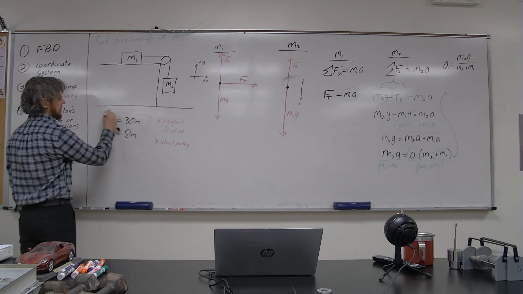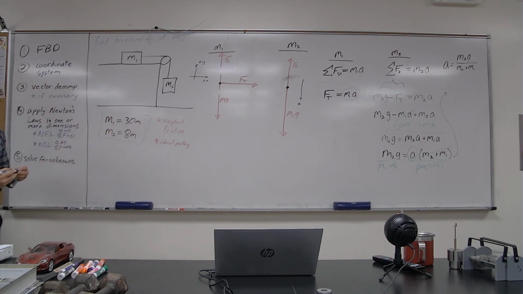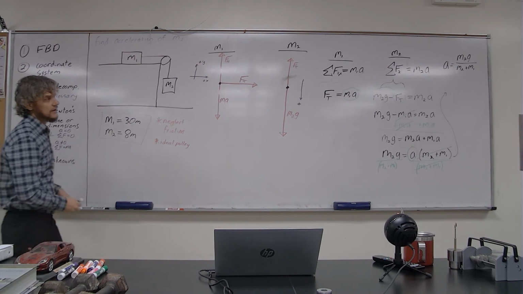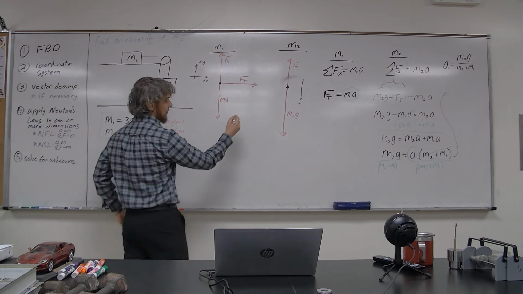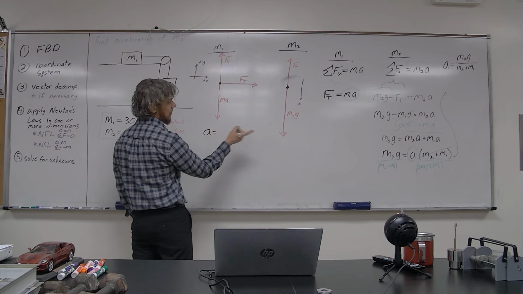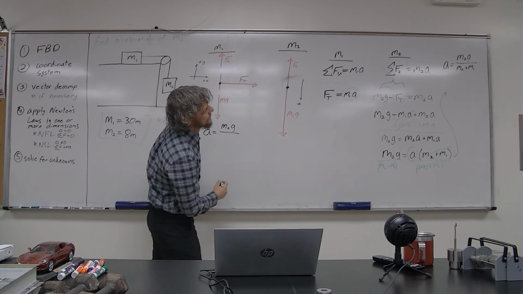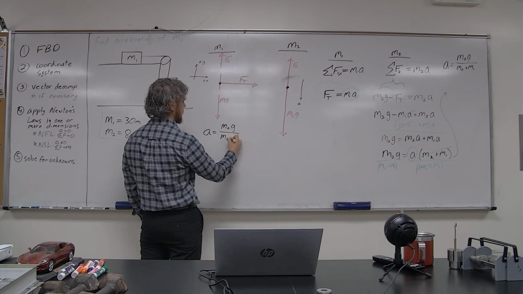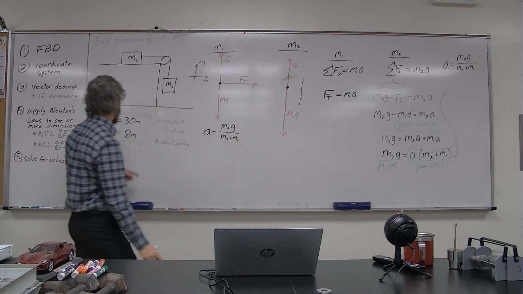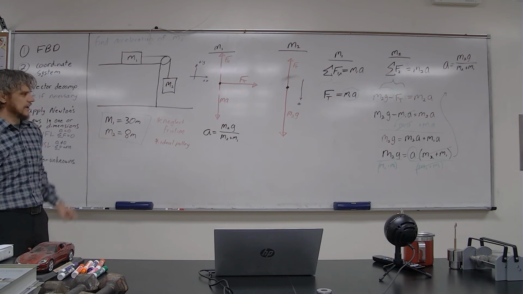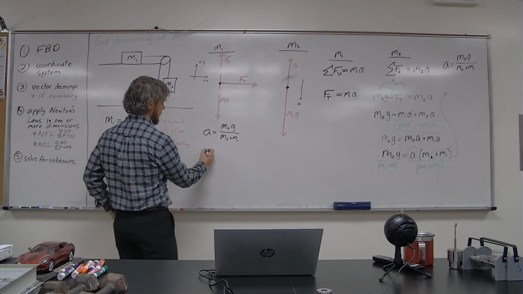But then I forgot, I have expressions essentially for M1 and M2, so I can plug those into that equation. I'm going to rewrite that equation here. The acceleration, our result when we did our force analysis, was M2G divided by M2 plus M1. Well, now I just replace M1 with 30M and M2 with 8M, and let's see what happens.